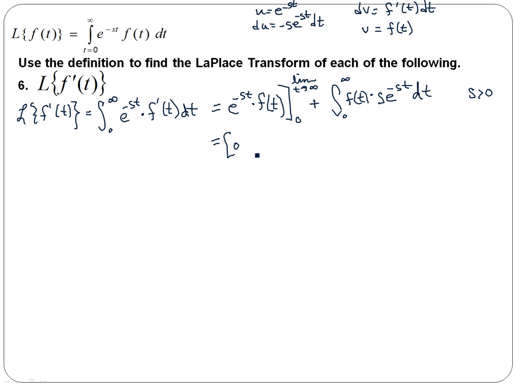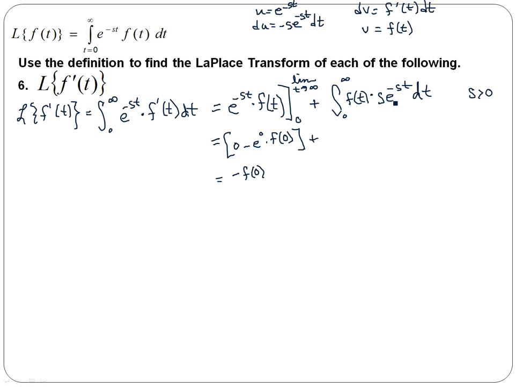And then at 0, I'm going to get e to the 0 power times f of 0, which will give me negative, e to the 0 power is 1, gives me negative f of 0, which is actually one of the initial values. If you're given a 0 to substitute in for t, that gives you f of 0.